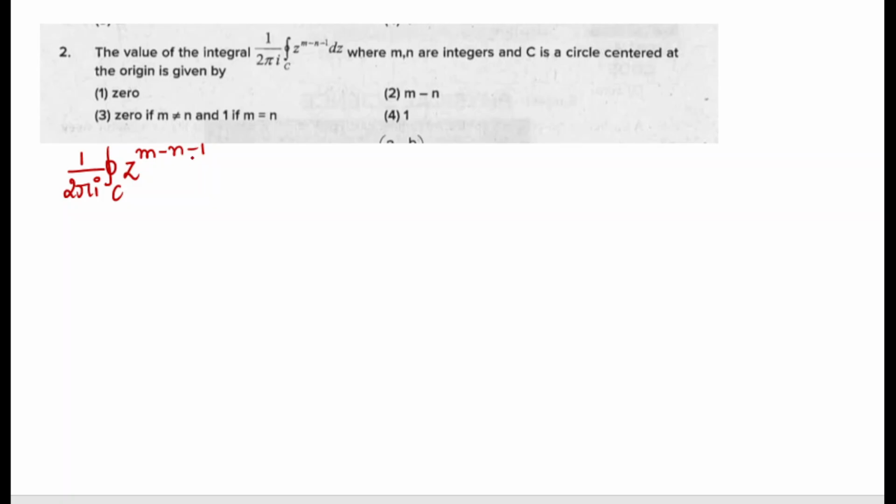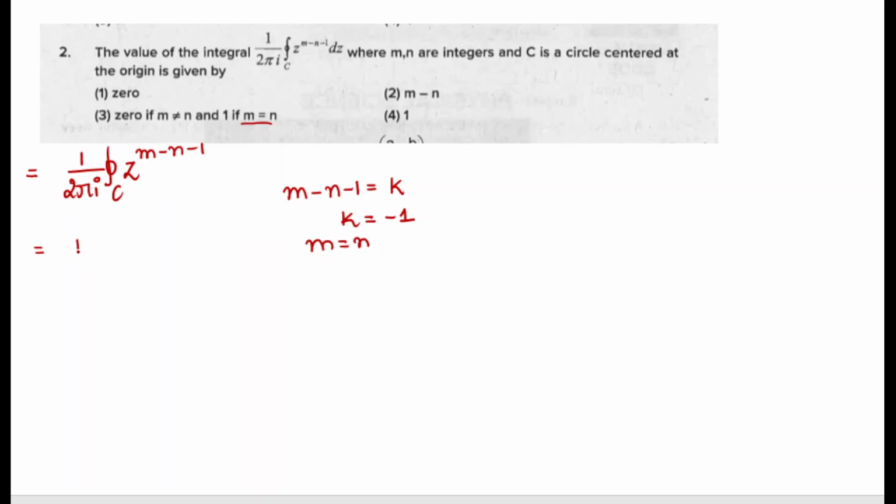I am taking this complete term, m minus n minus 1, equal to k. Okay, if I consider k equal to minus 1, it means m equals n, right? We shall see whether the integral we are getting is 1. So we shall proceed.